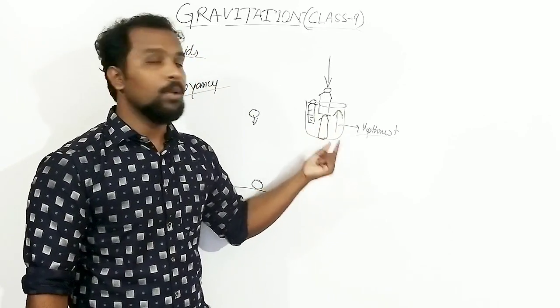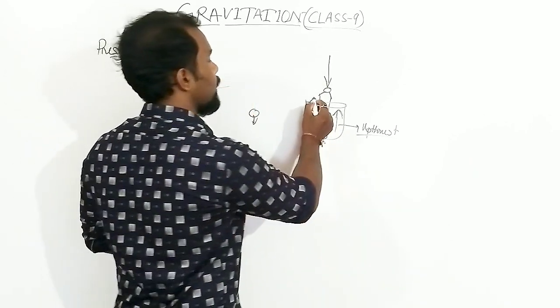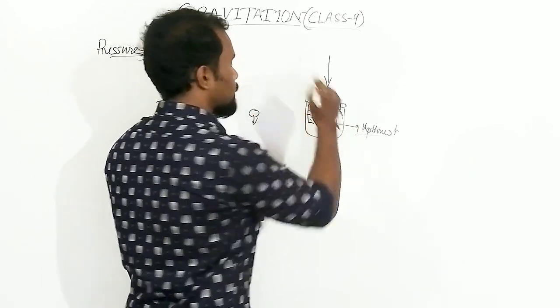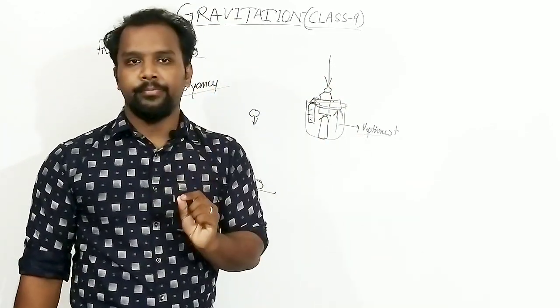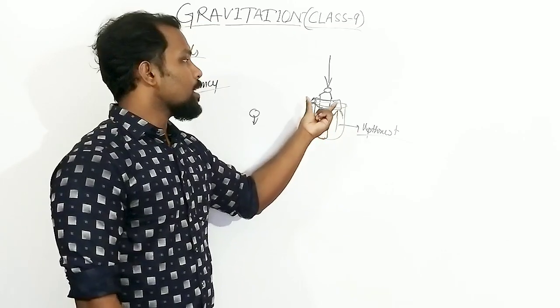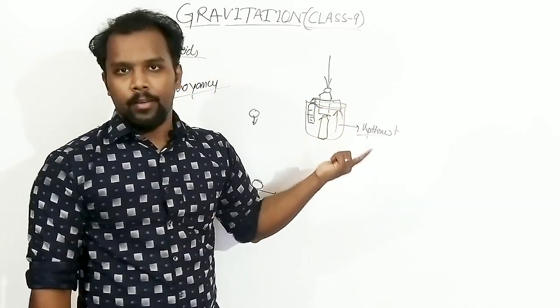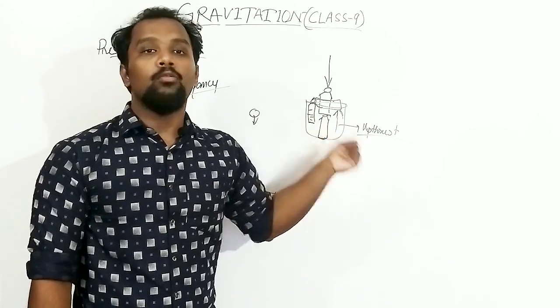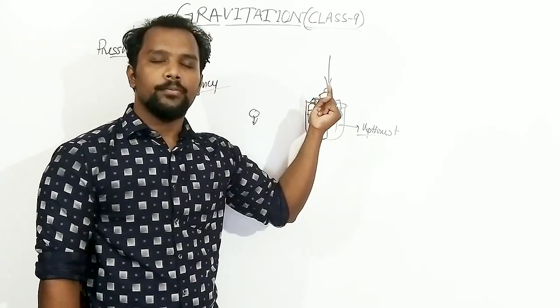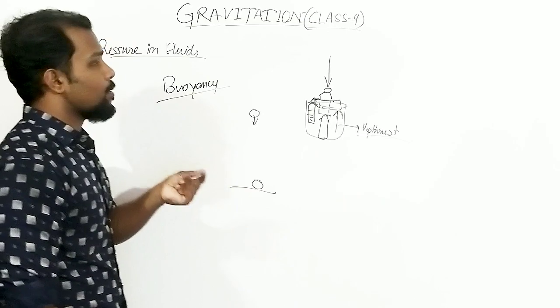The bottle will start floating on the outer surface, right? So gravitational force will be there, and that's why it keeps in touch with the water, but that gravitational force is not strong enough to counter that upward thrust.